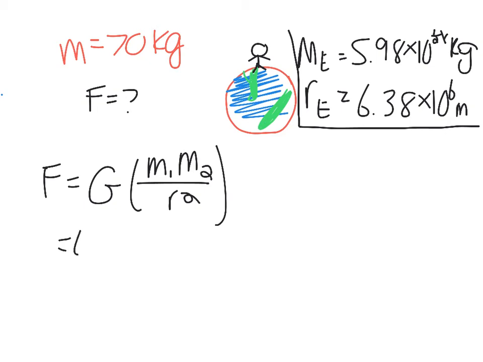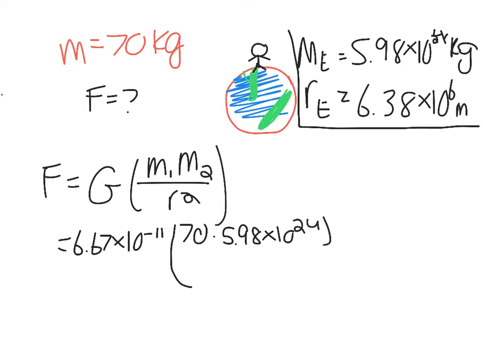My gravitational constant, 6.67 times 10 to the negative 11th, and then I have 70 times the mass of the Earth, 5.98 times 10 to the 24, all over 6.38 squared. Oh, sorry. What did I forget? I almost forgot the times 10 to the 6th.